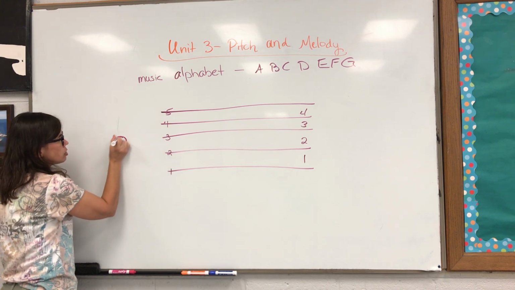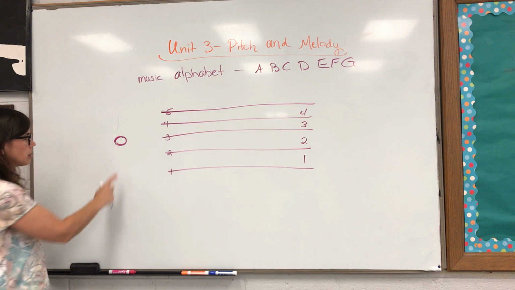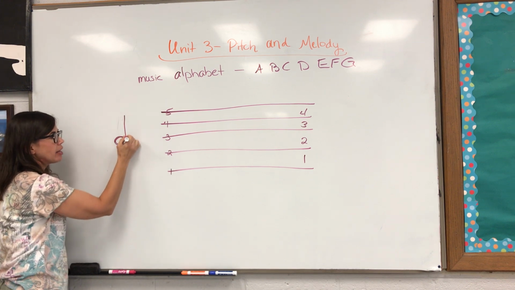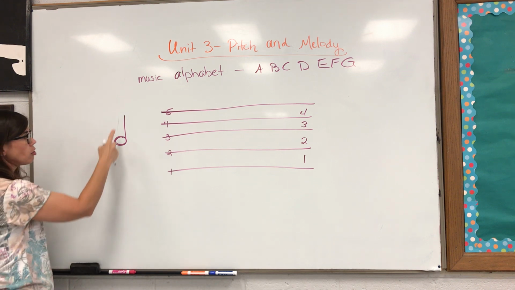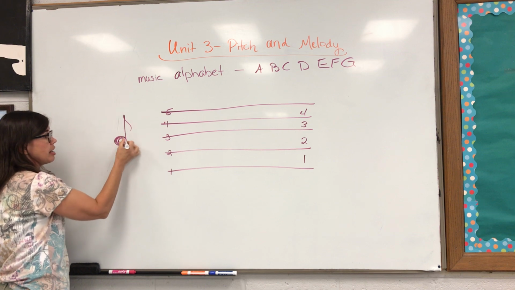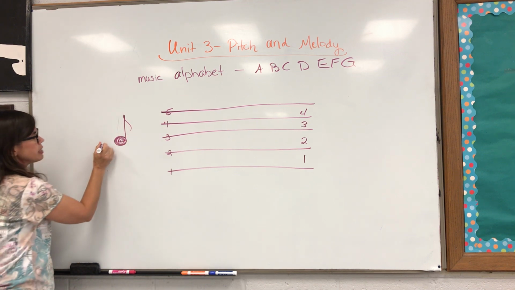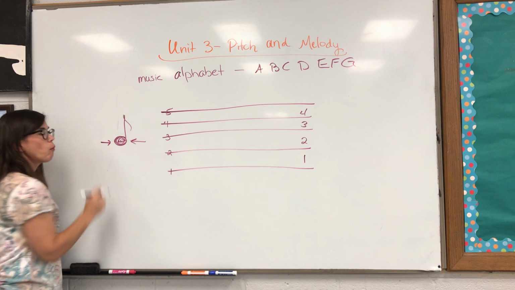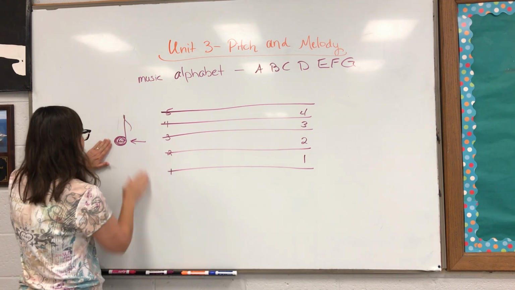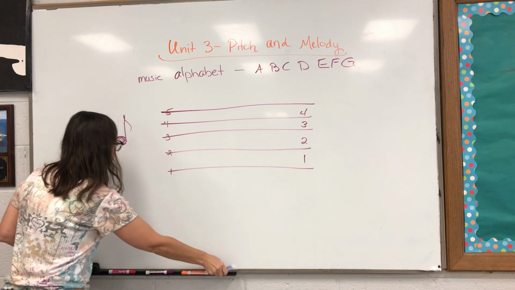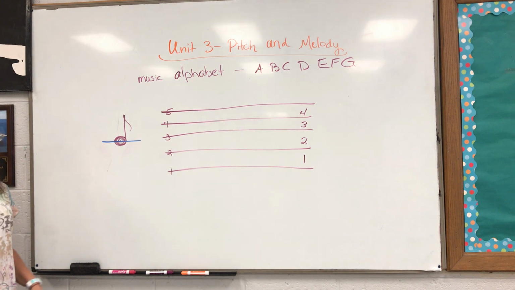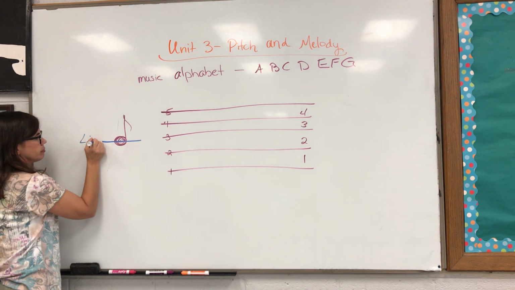A music note, you look at the music note head. This is called the head of the music note. It doesn't matter right now for our purposes where the stem is, if it even has a stem, if it has a flag on it, or if the note is colored in. What you're basically doing is looking at where the note head falls, okay? If that note head has a line going straight through the middle of it, then we say it's a line note.